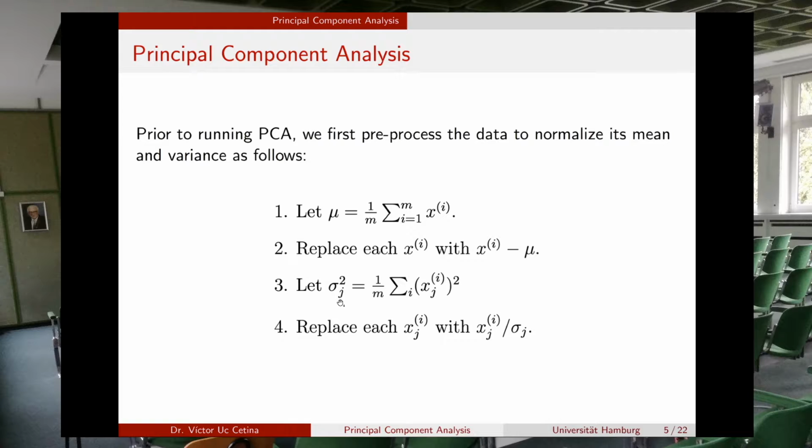Then in the third step, this step has to do with normalization. What you do is you compute the variance in each of the dimensions of the vector. So in this example of dimension 2, you will have j going from 1 to 2, so only 2 dimensions.